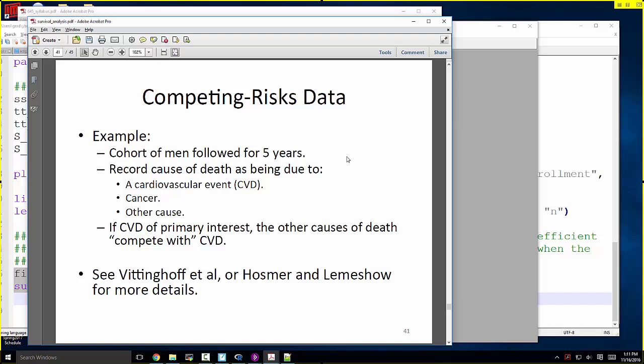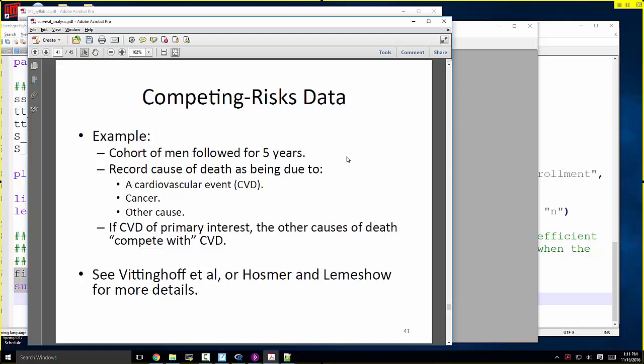If cardiovascular event is the primary cause of death that's of interest, then the other causes of death are actually causing some difficulty for us. What do I say when somebody dies after 18 months due to some cancer, but not cardiovascular event? My study is recording survival times for people with congestive heart failure or something, but somebody died at a particular time not due to a cardiovascular event.